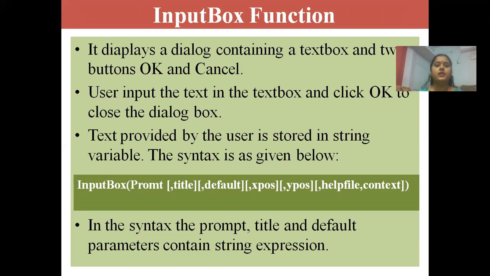Means whenever the user is trying to collect the input and he or she uses the input box function, the dialog box contains two buttons, first OK and another Cancel, with the text box which collects the input. The user inputs the text in the text box and clicks OK and closes the dialog box. Then the text provided by the user is stored in a string variable. Whatever input the user provided through the text box is stored in the form of a string variable.